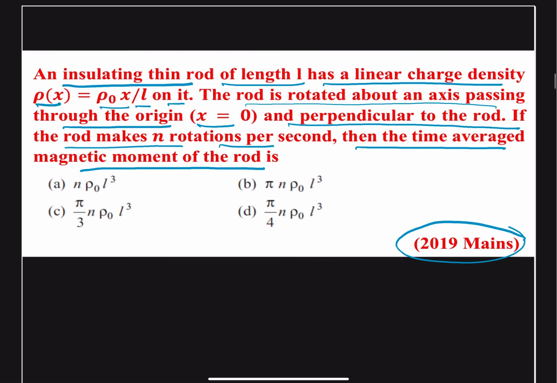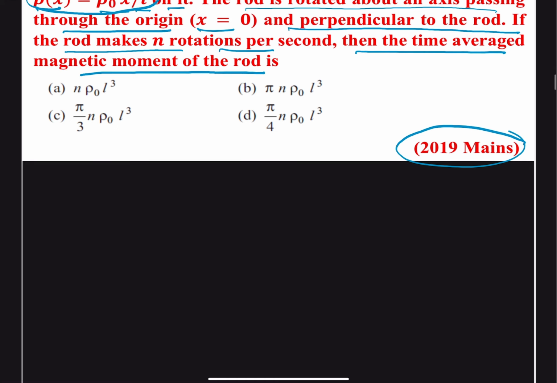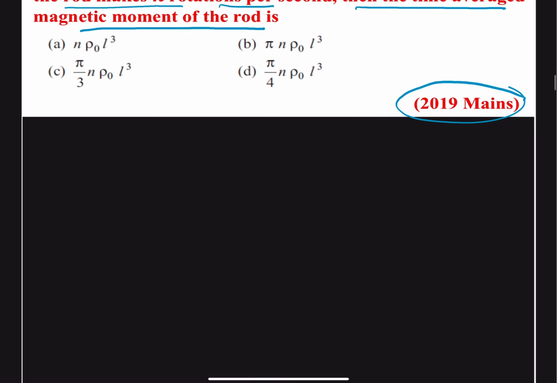So here the linear charge density is given as dependent upon the x, as well as our L. And we are given that, let us suppose we draw a rod.